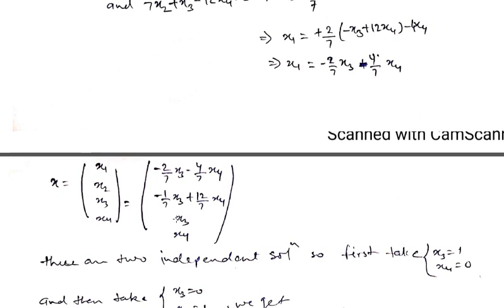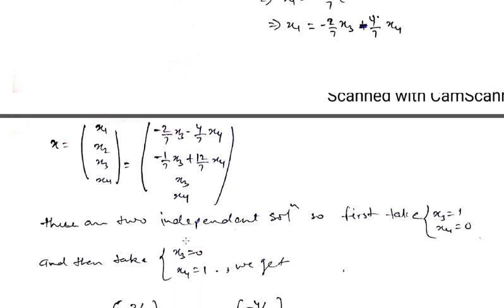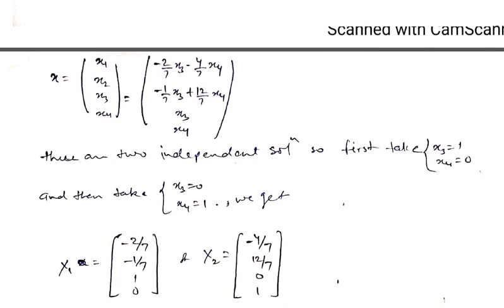First we take x3 as 1 and x4 as 0, and the second time we take x3 as 0 and x4 as 1. When x3 is 1 and x4 is 0, we get the solution X1 = (−2/7, −1/7, 1, 0).